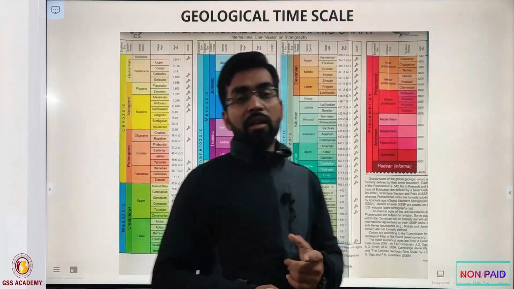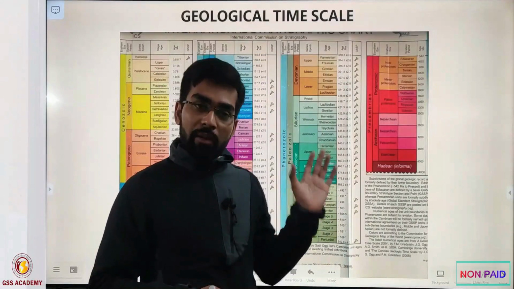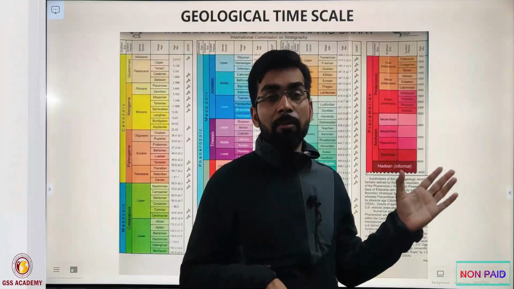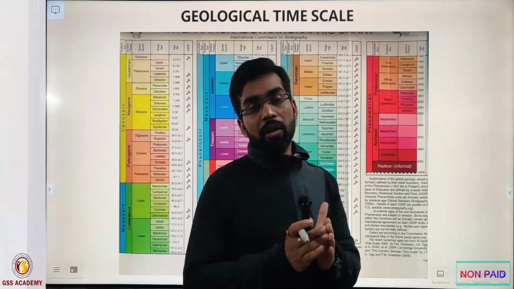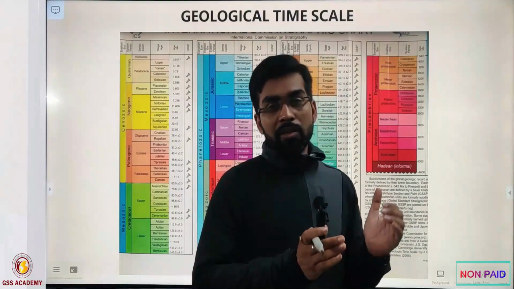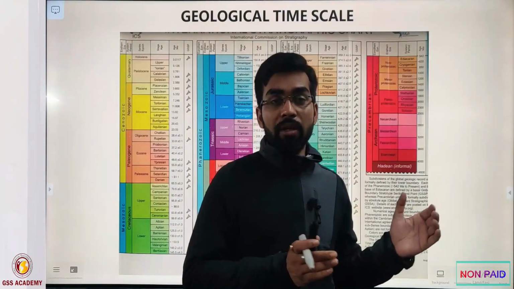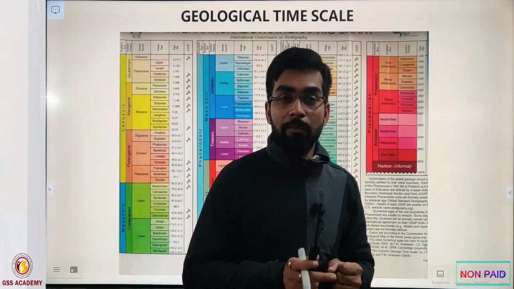So in the geological time scale, we are going to try to understand the history of the earth, especially for Peninsular India, what happened to the Indian subcontinent through geological time.